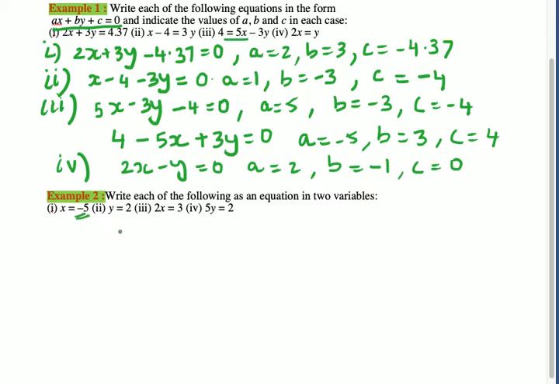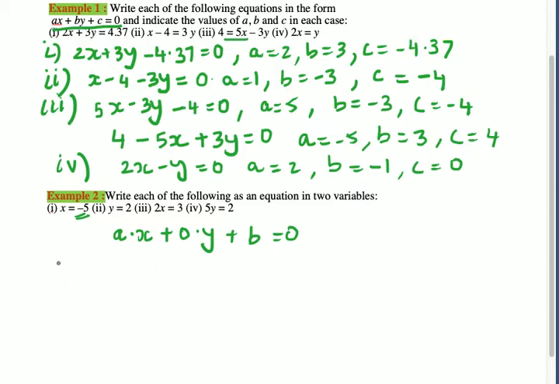In that case, we can represent something like a into x plus 0 into y plus constant is equal to 0, or you can keep this constant as b is equal to 0, which means ax plus b is equal to 0, because the coefficient of y is 0.